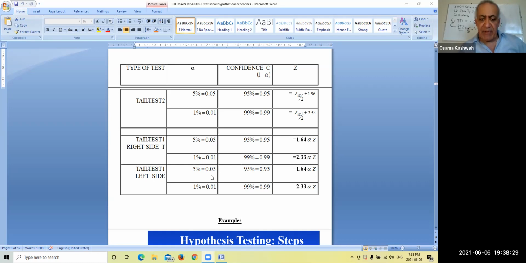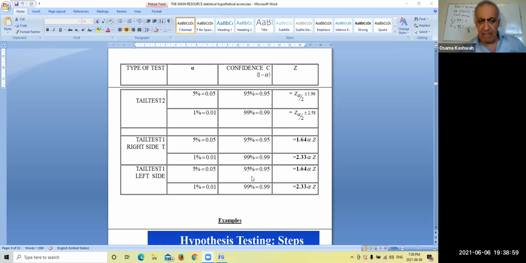As an example, when you go for a one tail test under alpha 1%, for the confidence 99%, it will give you 2.33. In the table you will find this number, 2.33. When you go for alpha 5% and one tail, then 1.64.